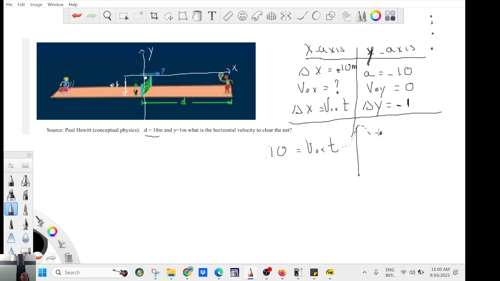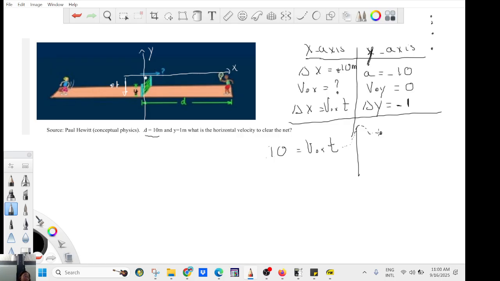Look at your equations. The only ones with time are the first one and the second one. Do it. Take your first equation of kinematics, replace a by -10, replace x by y.